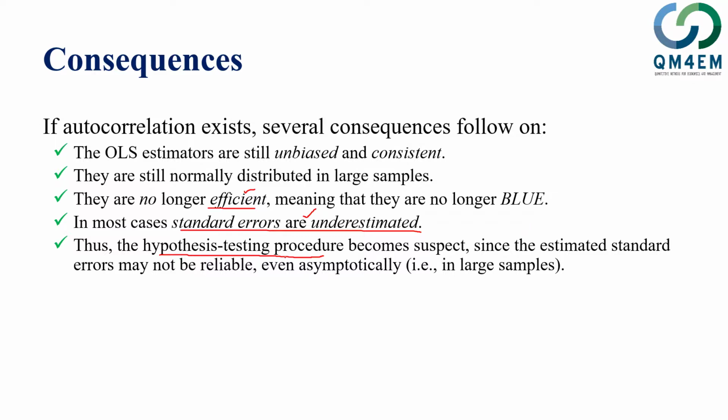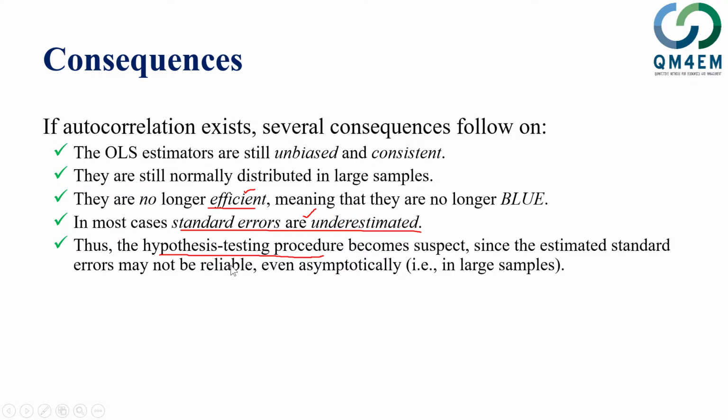Hypothesis testing is based on standard errors, and if the standard error is no more efficient, you can't trust your results. There is a very interesting phenomenon associated with autocorrelation as a result of these three points, which I would like to explain in more detail.